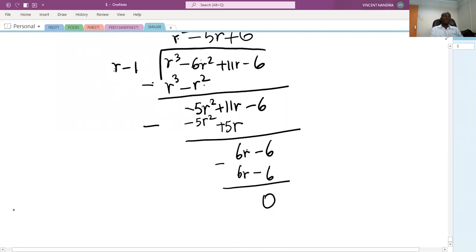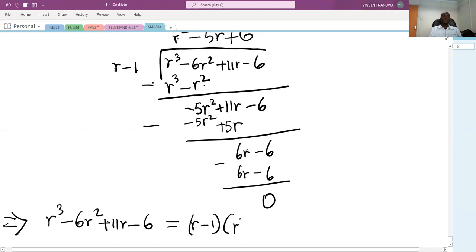So therefore, it implies that r cubed minus 6r squared plus 11r minus 6 is the same as r minus 1 times r squared minus 5r plus 6. Remember, this was equated to 0.